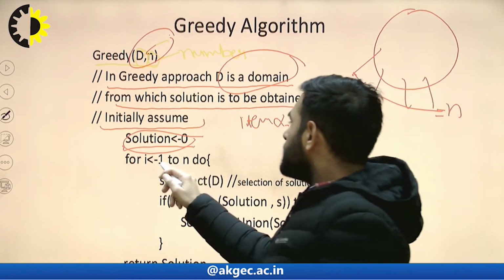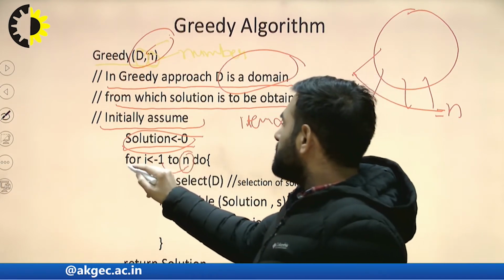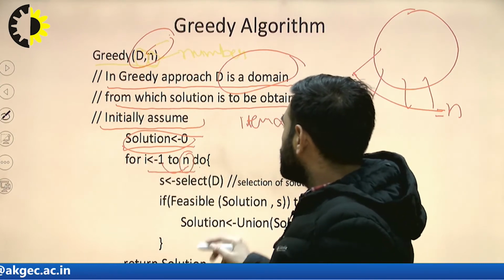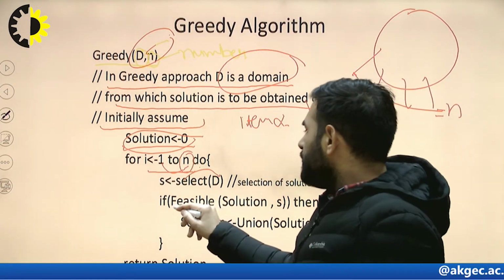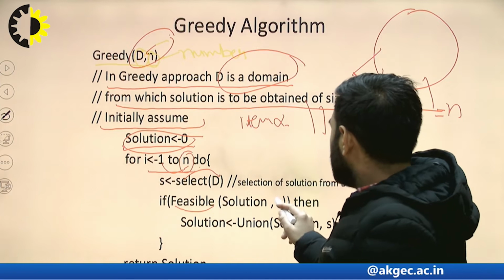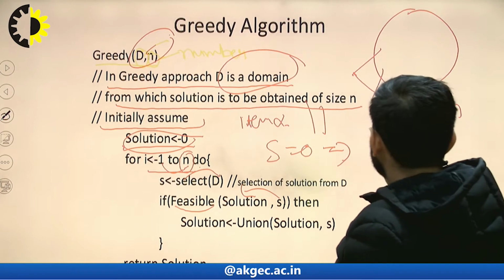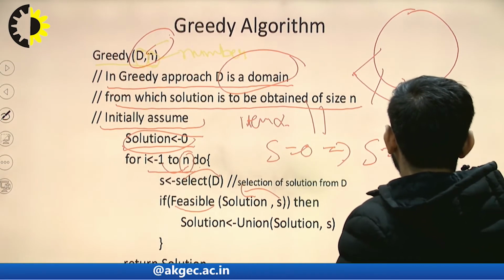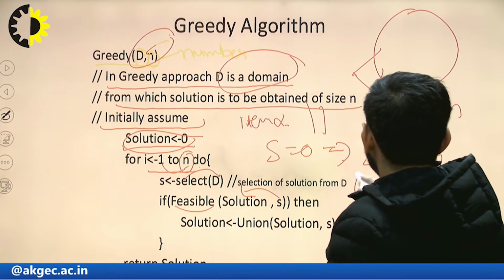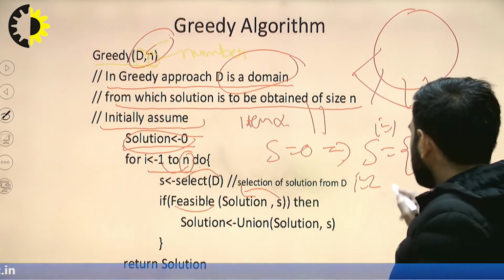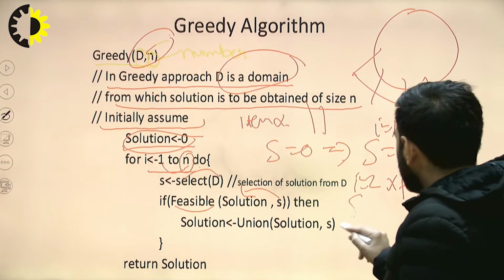Now for I from 1 to n, because we have to complete size n. In this for loop, what we have to do: select an item from the domain D and see if it is a feasible solution. If it is a feasible solution, then add it to the solution array. Initially it is 0, but now the solution array has 1, for I equals 1. Suppose for I equals 2 it is not feasible. The solution array is still 1.